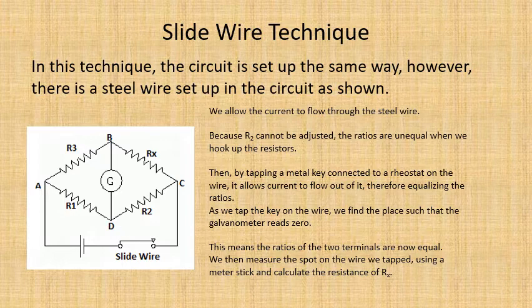The wire is the same, so the resistivity factors out in the ratio, and the cross-sectional area is the same, so it factors out. So all we'll be doing is balancing one length against another length, which makes the calculation physically easier to do. Under that condition, we just dial in an R2 value and adjust the length instead of adjusting the resistors.